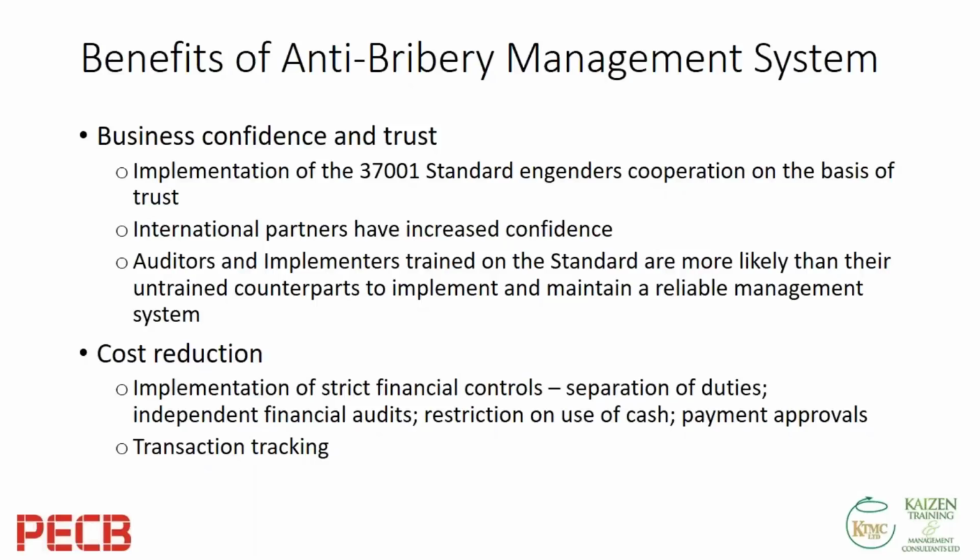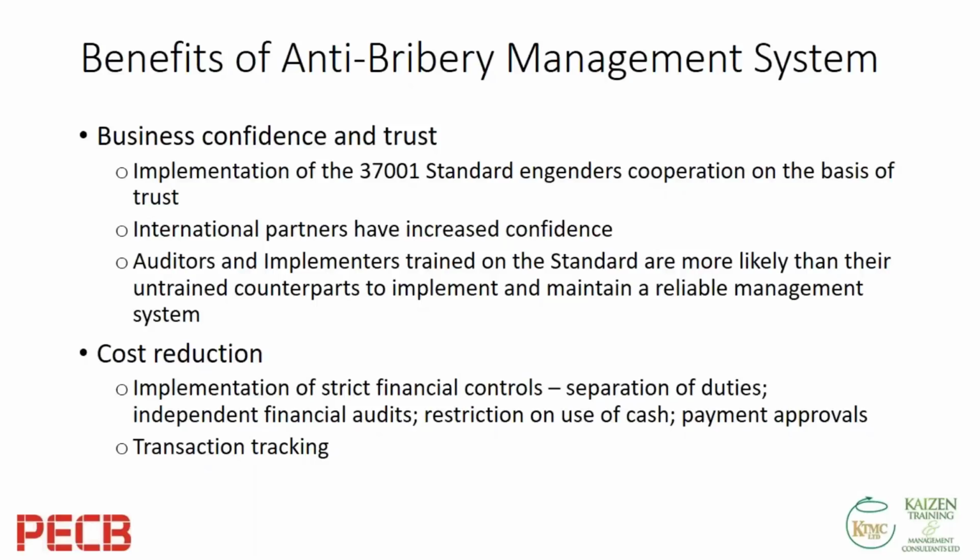International partners have increased confidence in an organization which has developed and implemented the standard. Auditors and implementers trained on the standard are more likely than their untrained counterparts to implement and maintain a reliable management system.